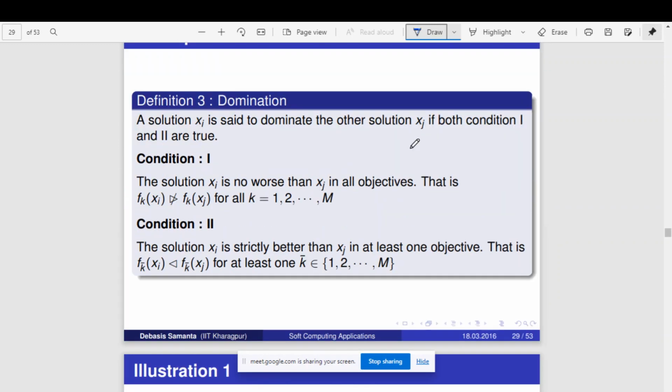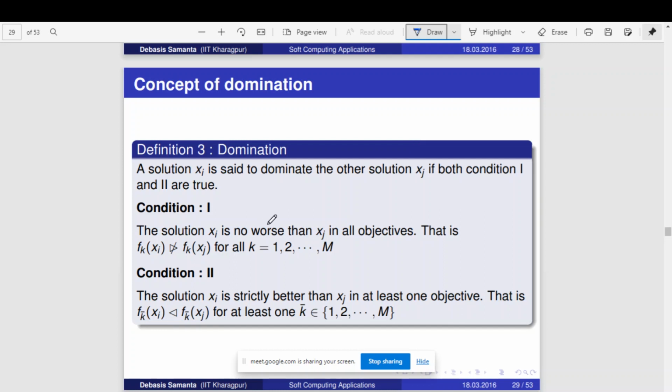Here is a more formal definition. A solution xi is said to dominate another solution xj if it satisfies the following two conditions: condition 1 and condition 2.